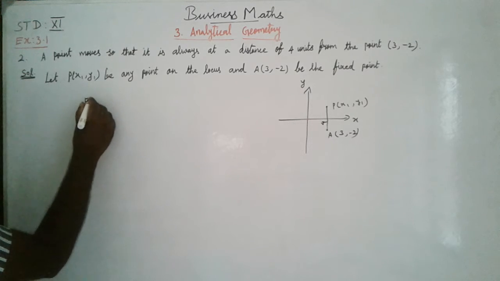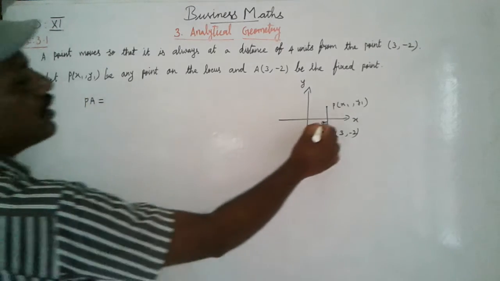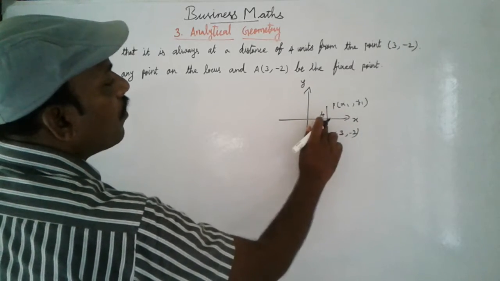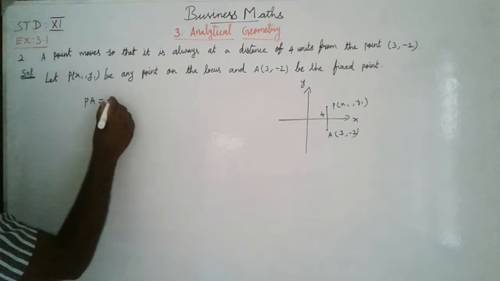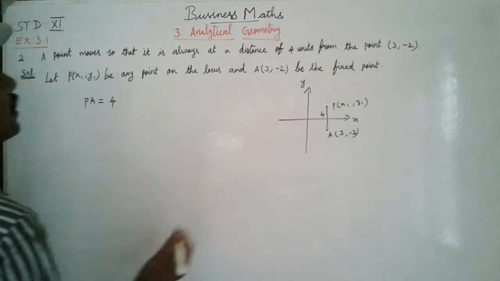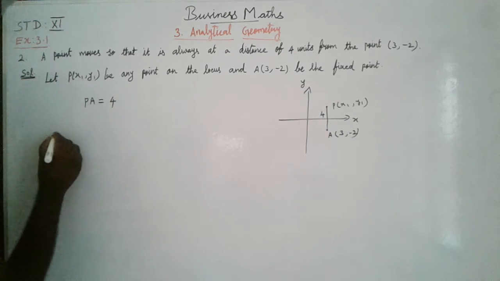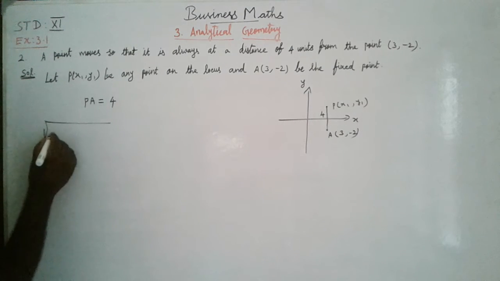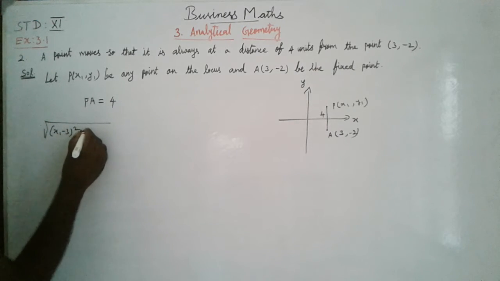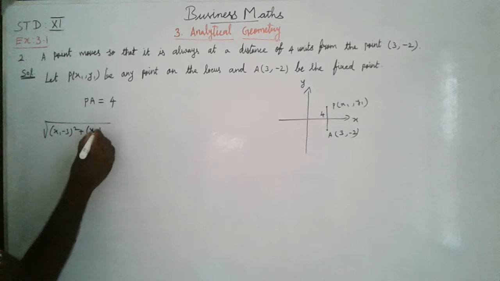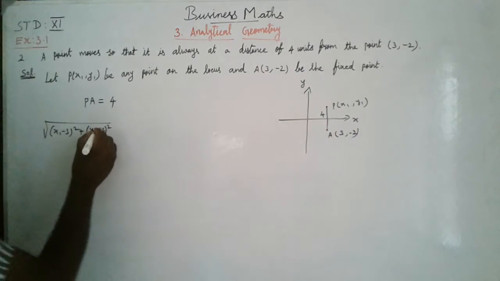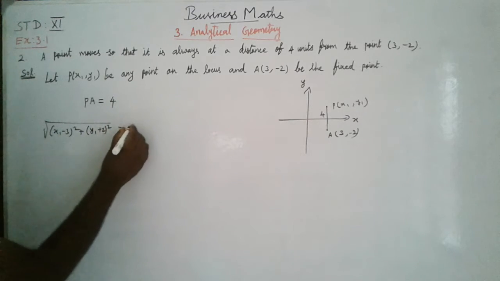Given PA, this is a distance, equal to 4. So PA equal to 4. So this is the two points distance formula. We should use PA equals square root of (x1 minus 3) whole square plus (y1 plus 2) whole square, so minus into minus is a plus, equal to 4.